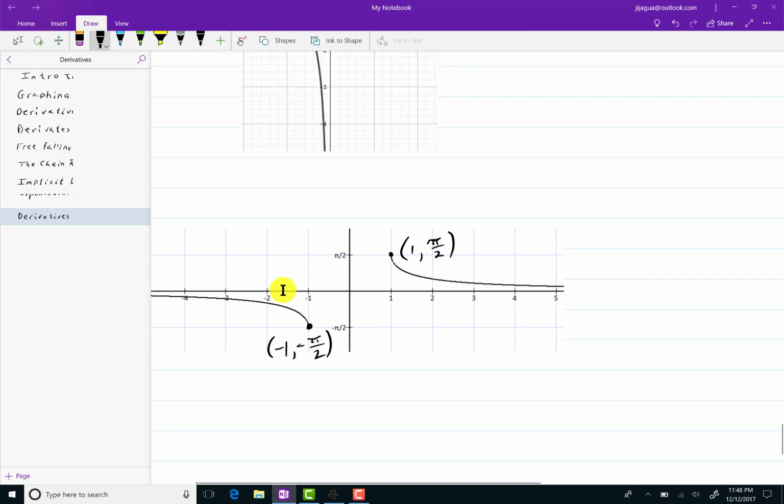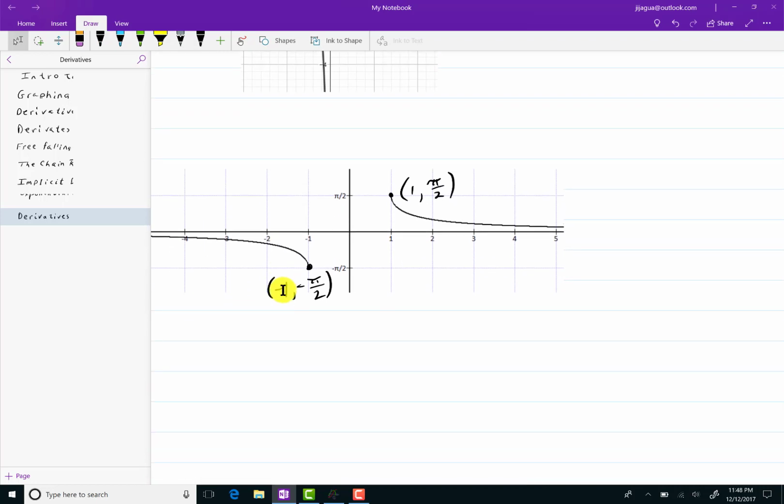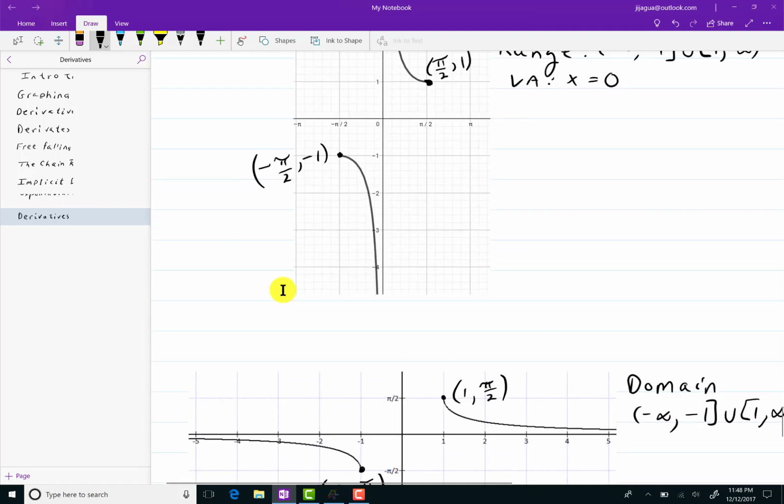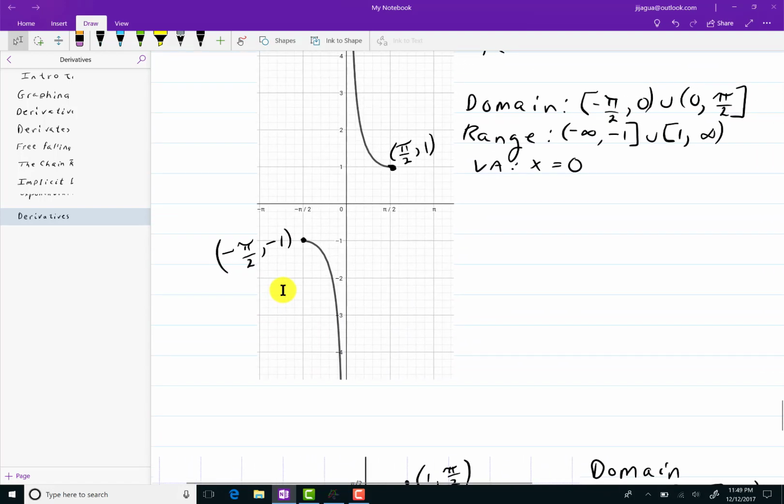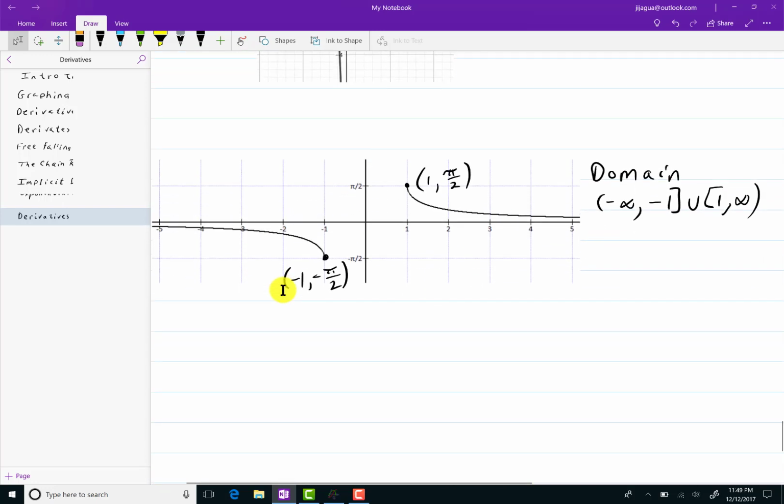Alright, so our domain is -infinity to -1, union 1 to infinity. Let me check. That matches the range of the original function. And then the range would be, with the y values you take up, from -pi/2 to 0.